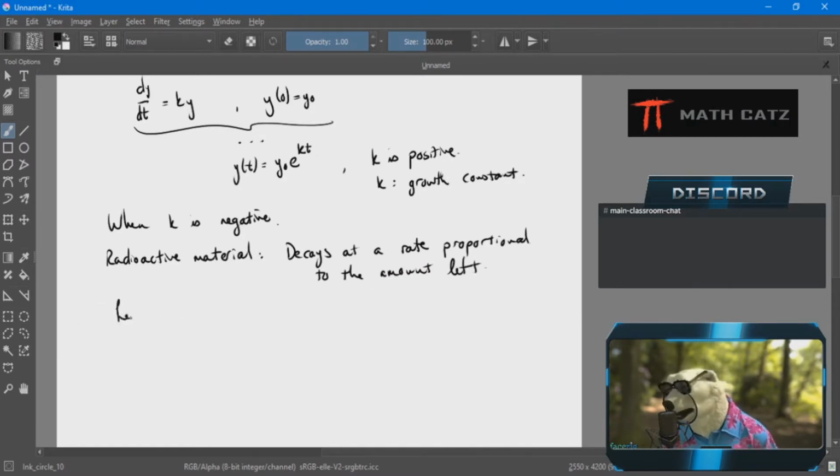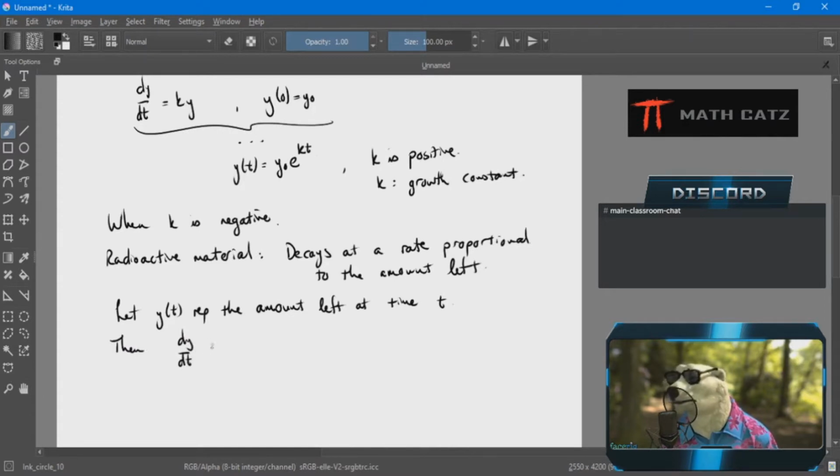So if we now let the y variable represent the amount of the radioactive substance left at time t, then again we are going to have a differential equation where the rate of change, the decay rate in this case, is proportional to the amount left by some proportionality constant.